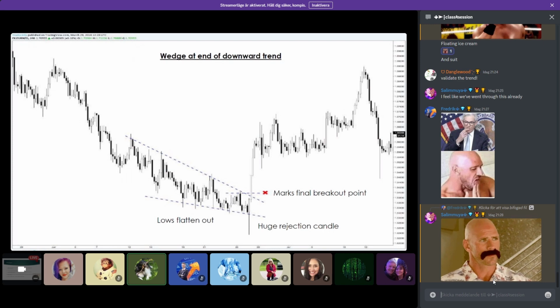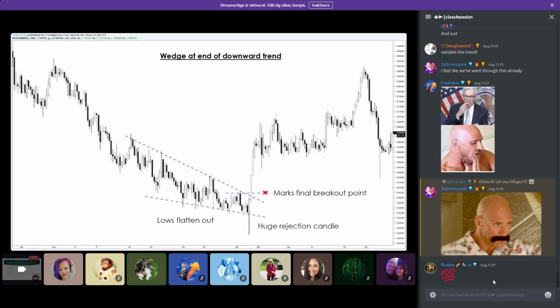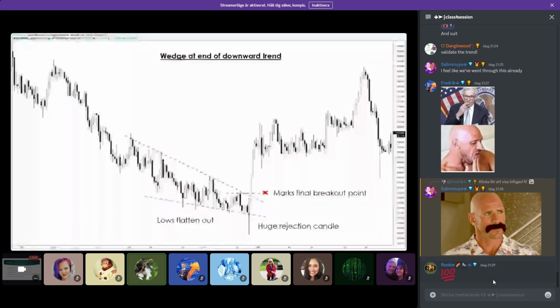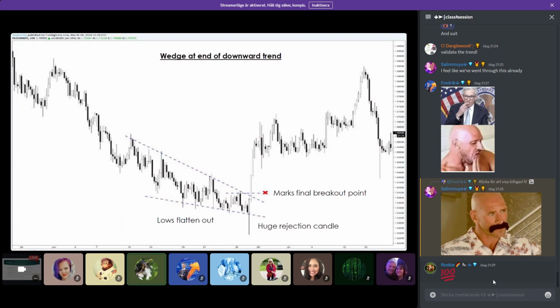Yeah, and if we take this chart as an example, it's easy to rush in because here we had the downtrend and we see this huge candle to the downside. I mean, this trapped a lot of people. A lot of people probably got trapped here, and they ain't gonna get their money back for at least quite a couple of days here, as we can see.